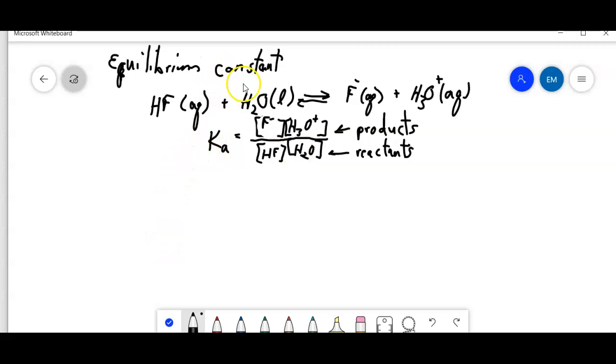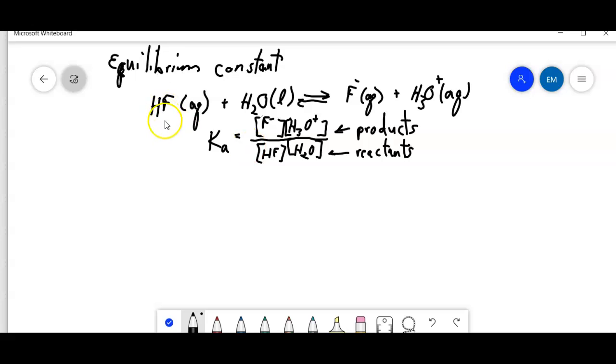And if you disrupt that, you add fluoride, you add hydrogen fluoride, you take fluoride out, you take hydrogen fluoride out. Usually you're really not going to be doing much with the hydronium and water, but in principle, if you were asked that question, it will work the same way.